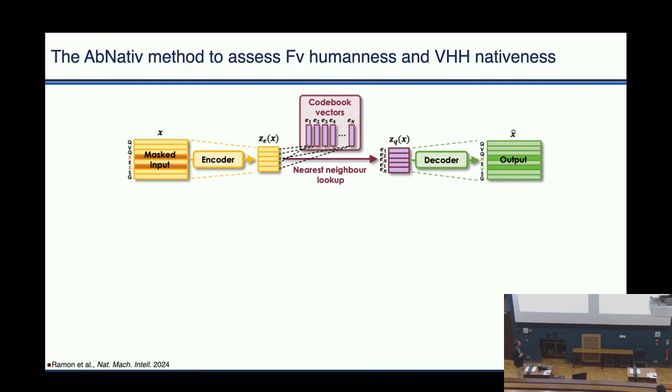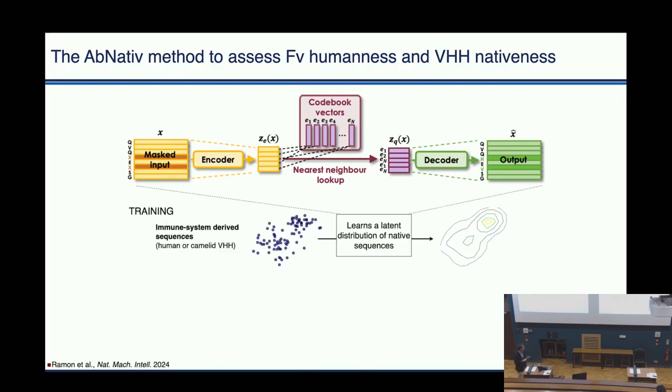So this thing is called a vector quantized variational autoencoder, but it's late in the afternoon, so I'll just tell you how it works. You give it a lot of sequences, and it learns a latent distribution of where these native sequences exist, because it has an information bottleneck and also some other things.